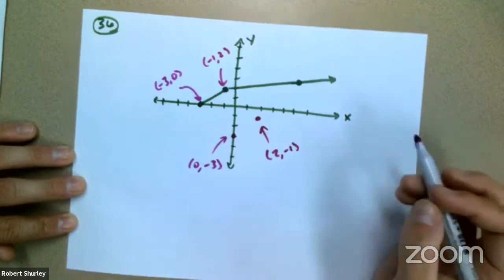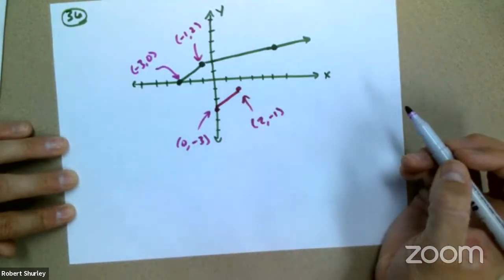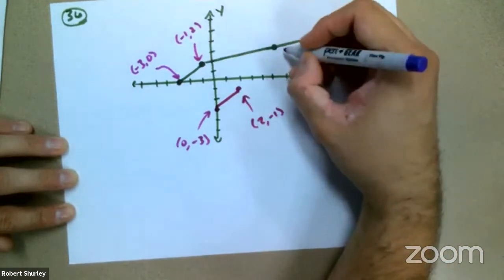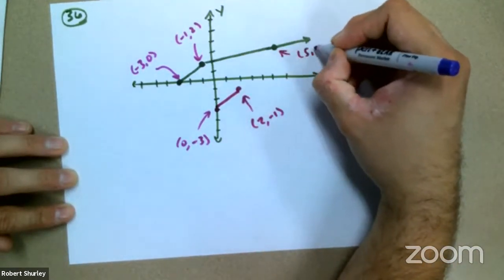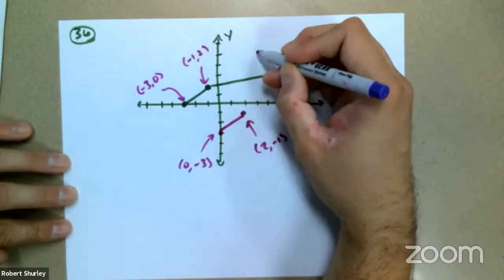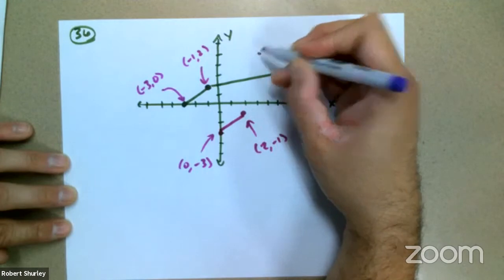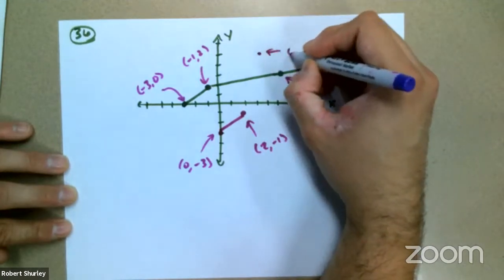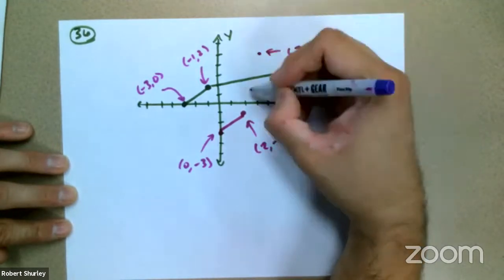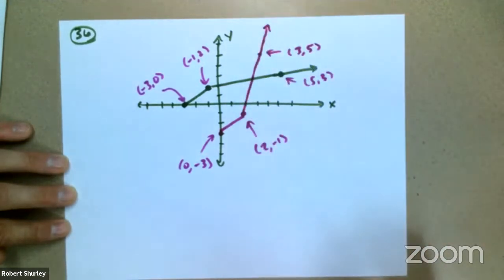So I'm going to connect those dots. Okay? And then this was 5, 3. So we flip it, we get 3, 5. About right there. And it goes forever that way.